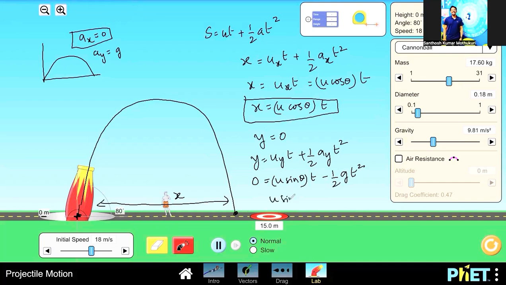And u sine theta t is equal to half gt squared. Now, t gets cancelled. You can say t is 2u sine theta by g. Now, what do you have to figure out? What is 2u sine theta?